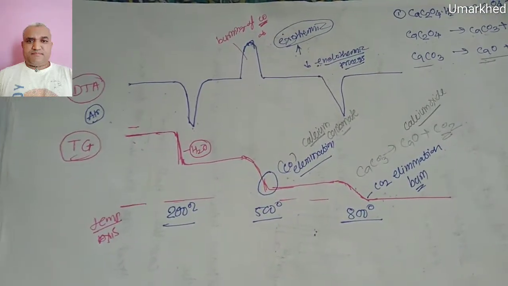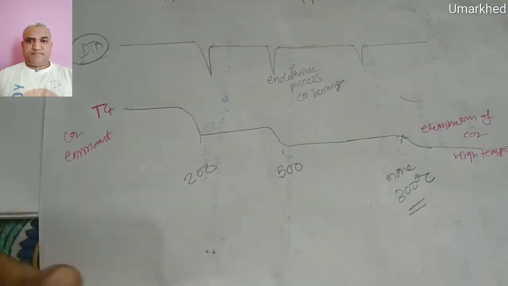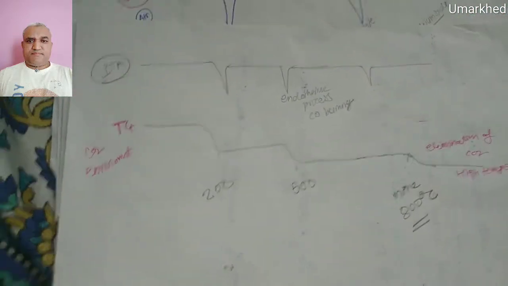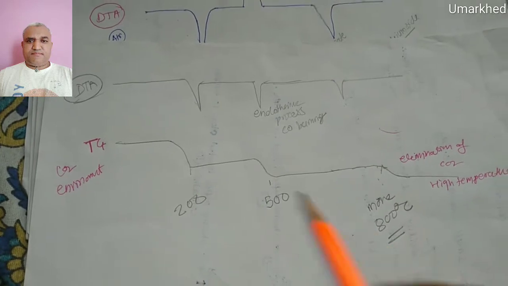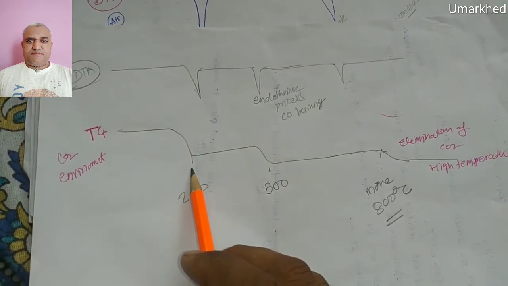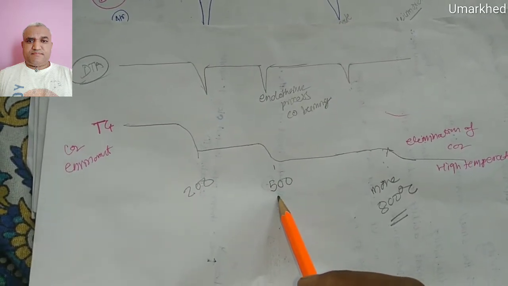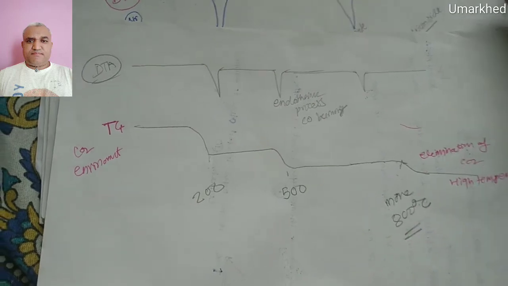Now we will study the CO2 atmosphere. Firstly, the TG curve: first, elimination of the water molecules at 200 degrees Celsius, second, elimination of the CO at 500 degrees Celsius, and the third step.